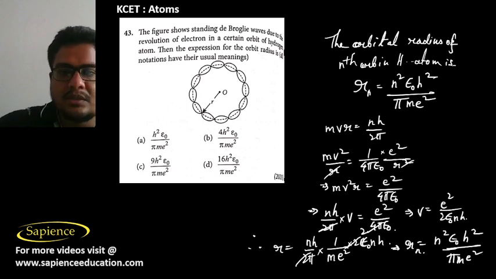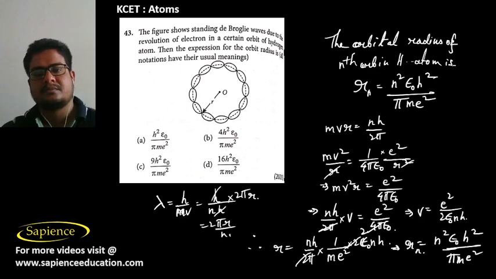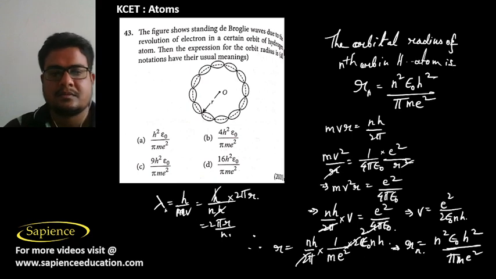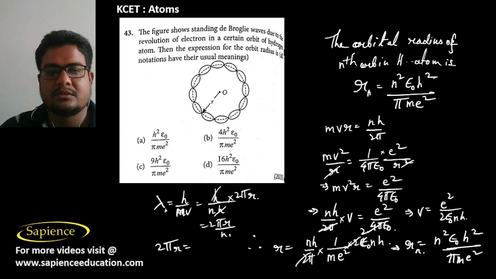So now the de Broglie wavelength for the nth orbit is equal to h by mv, that is equal to h by nh by 2 pi r. So this will be equal to 2 pi r by n. So 2 pi r is equal to n lambda.